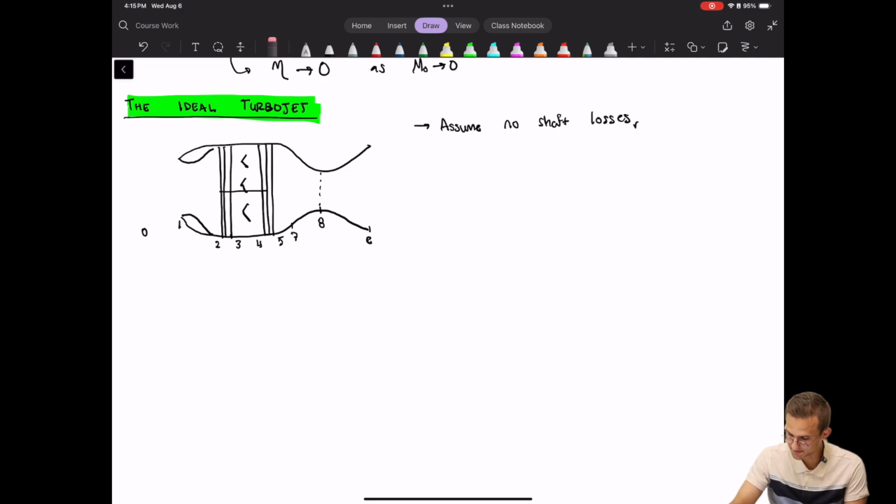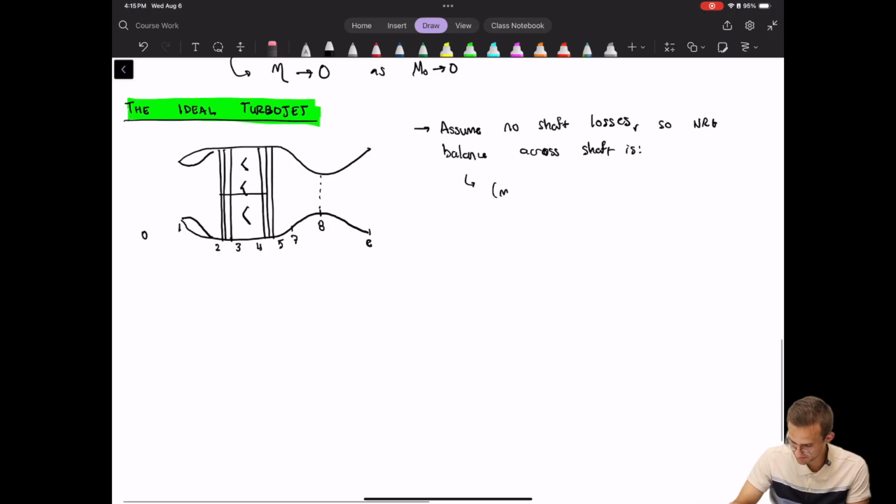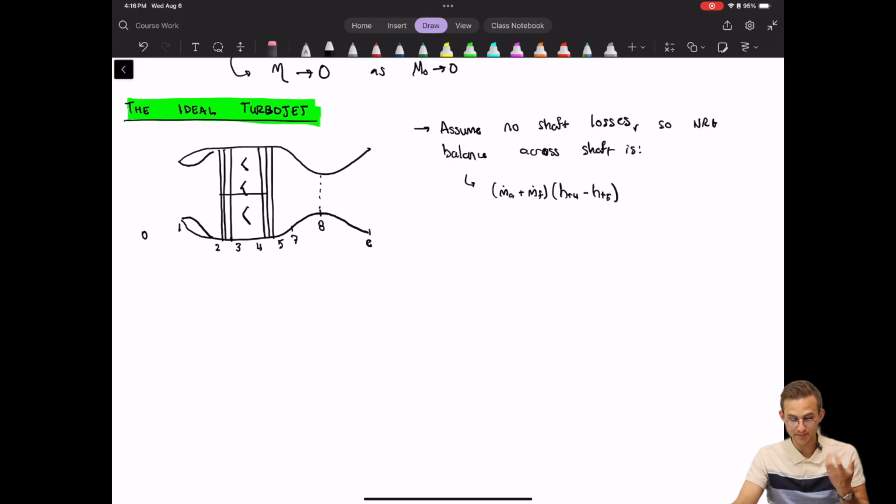So the energy balance across the shaft is the following: we have m dot A plus m dot F, including the fuel mass flow rate, times HT4 minus HT5. That would be the energy supplied by the turbine, so we're looking at the change in enthalpy across the turbine.